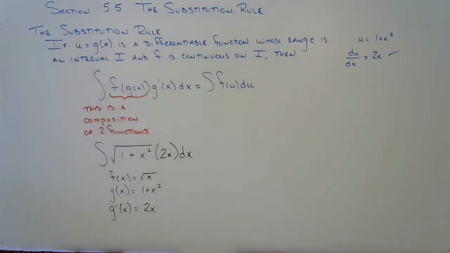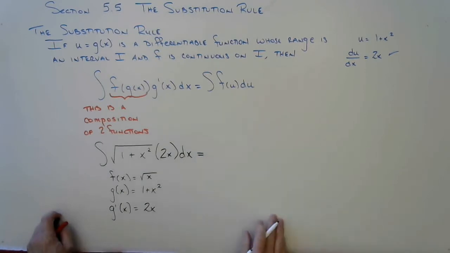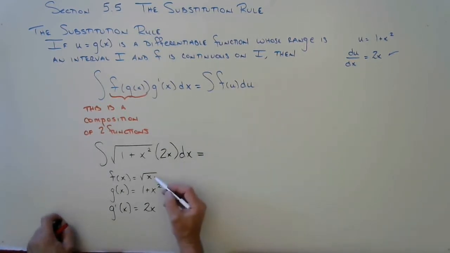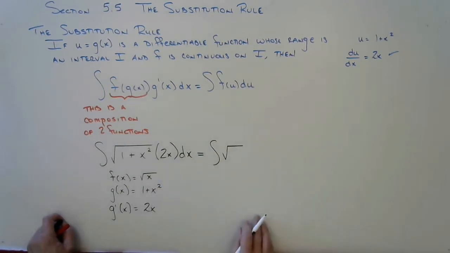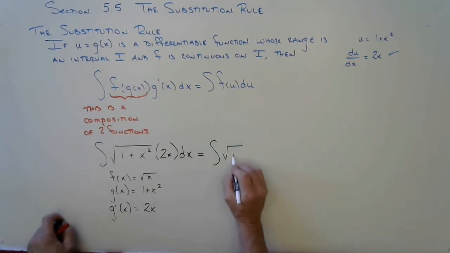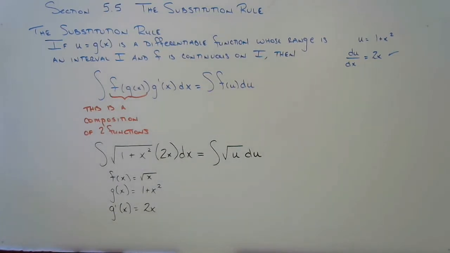This fits the format of what the substitution rule will allow us to integrate. And what does the substitution rule say? It says your answer is ultimately going to be F, the same function you have here. Your integral is going to be F, the square root, not of g of x, not of x, F of u du. And if you look back in your notes, this is exactly what we turned that problem into.